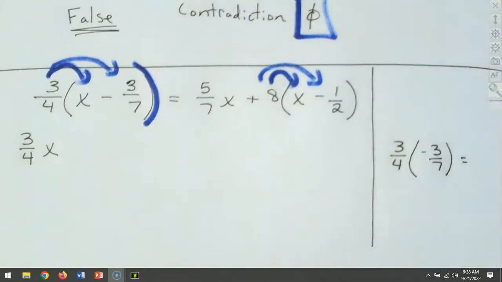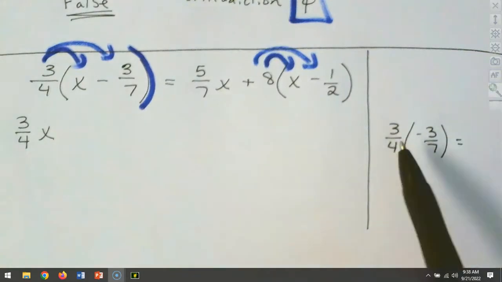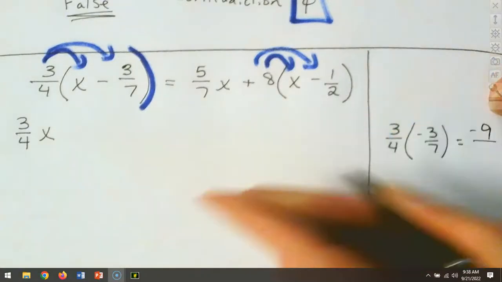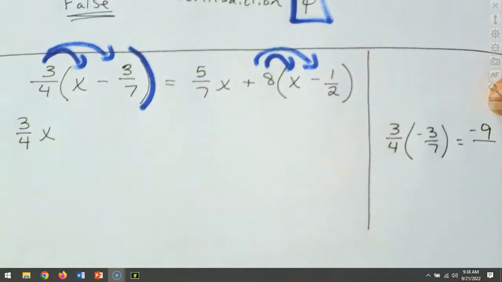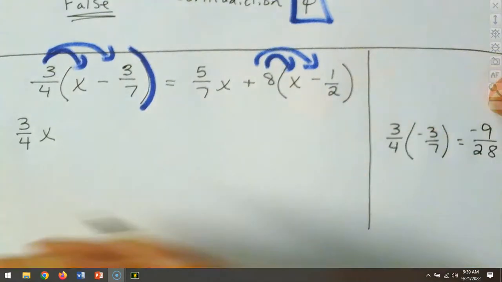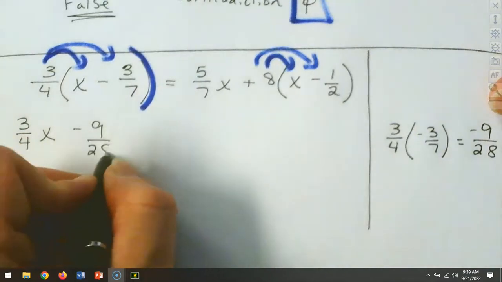Okay, we're multiplying, so we, again, do not have to have a common denominator. We multiply across. So 3 times a negative 3, that leaves you with a negative 9. And 4 times 7, well, 4 times 7 is a 28. So that leaves you then with a minus 9 over 28.